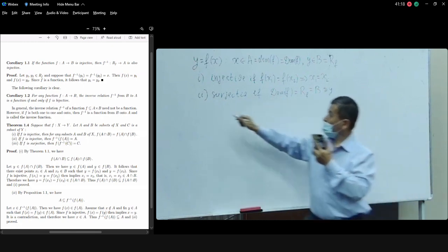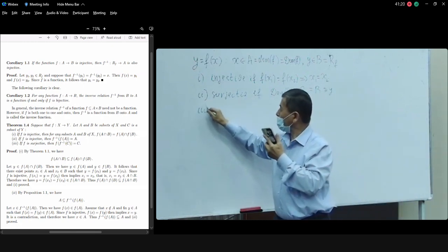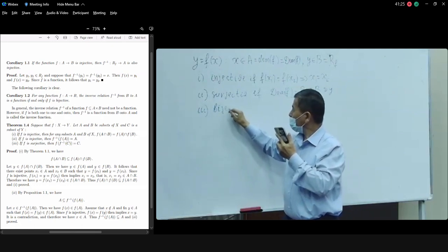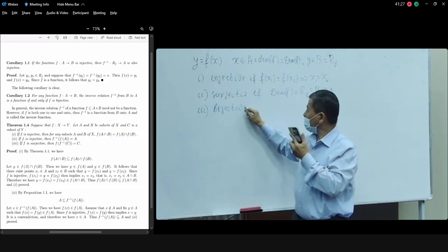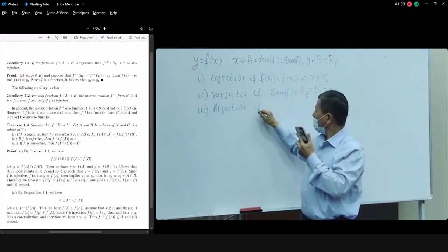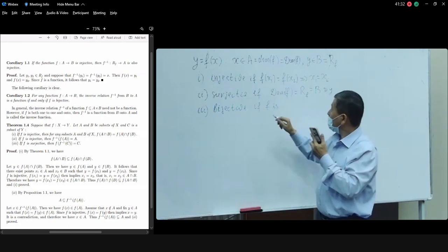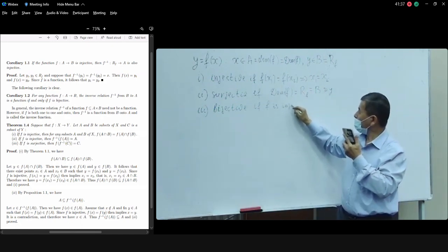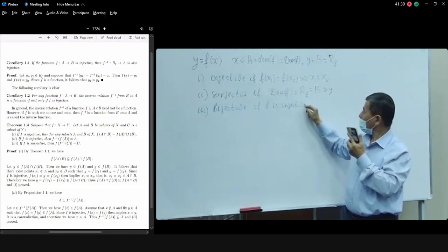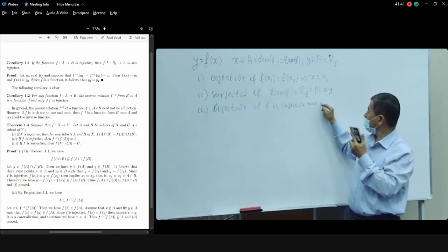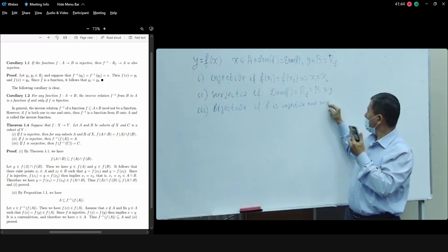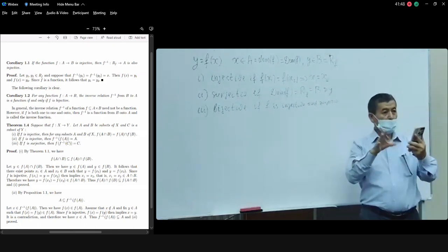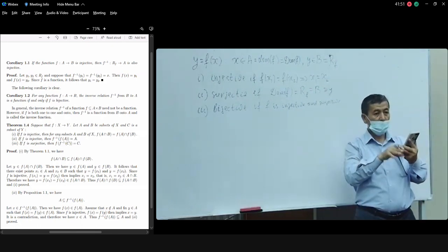And the third definition says bijective, if f is injective and surjective. So bijective actually includes both injective and surjective.